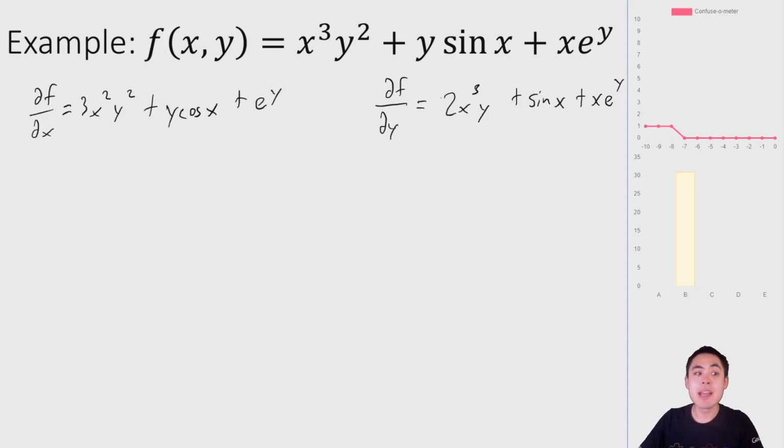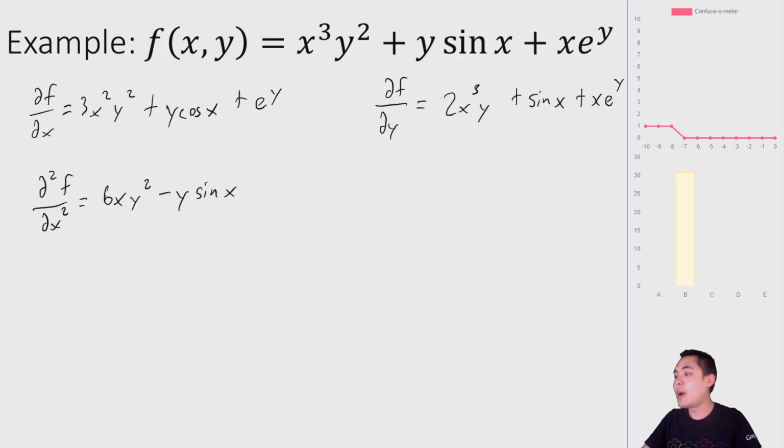And now we can do it again if we want to get the second partial derivatives. So we have del squared f by del x squared. Take the derivative again. What do we get? We get 6x y squared minus y sine x. And e to the y doesn't have an x component, so it's a constant, so it goes to 0. We can do the same thing.